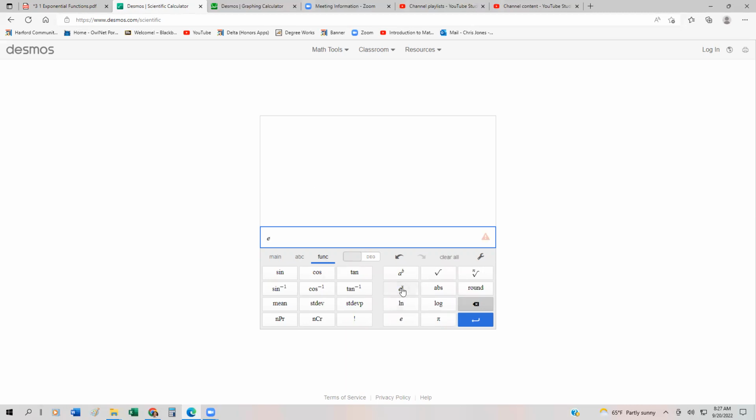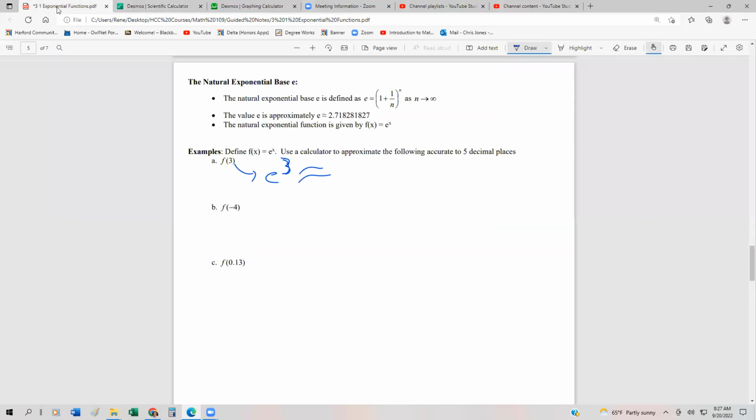So it's e to the third, which is 20.08554, if I was to approximate it.